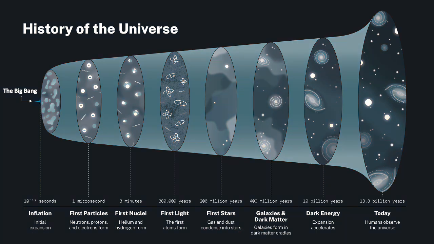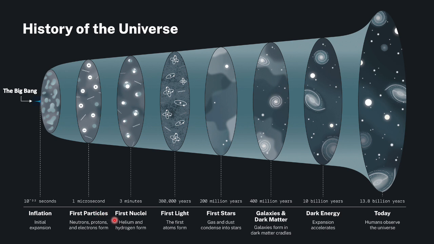And the 7 epochs are defined as follows. First we have the Big Bang, which is basically starting at time 0. So that is the initial point for the beginning of the universe. And then the next would be the inflationary event, which you'll see is very short. First particles form after this, at about 1 microsecond.